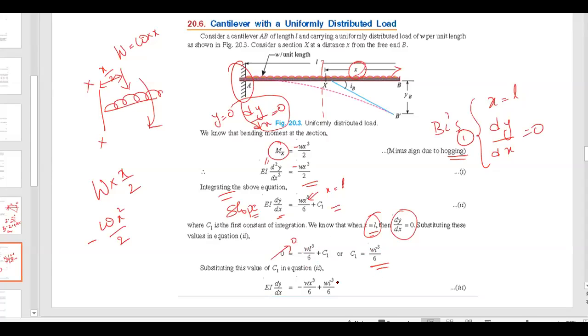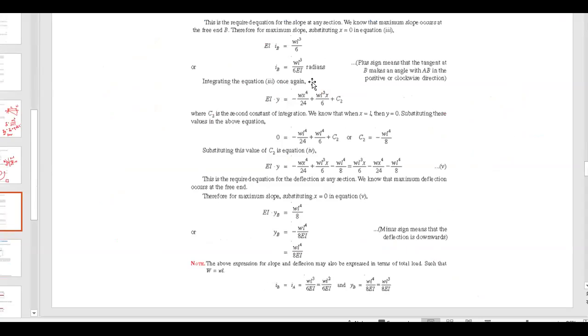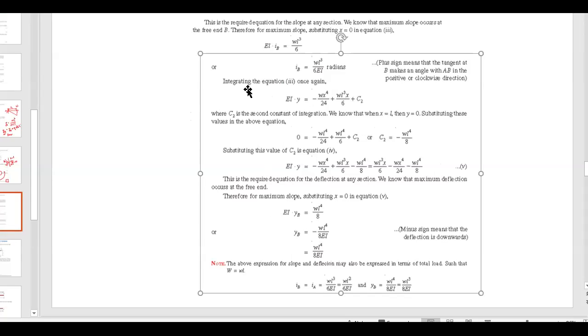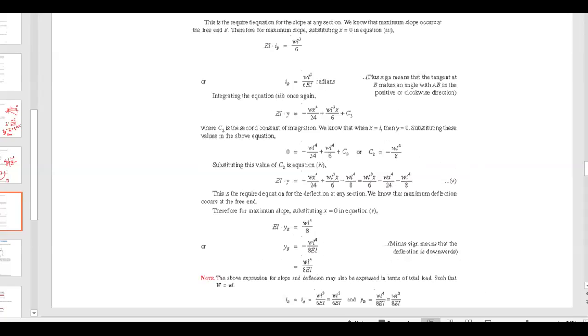Now resubstituting the C1 in my previous equation, again writing the equation. Now I need to integrate twice. So integrating dy by dx, we will get y.